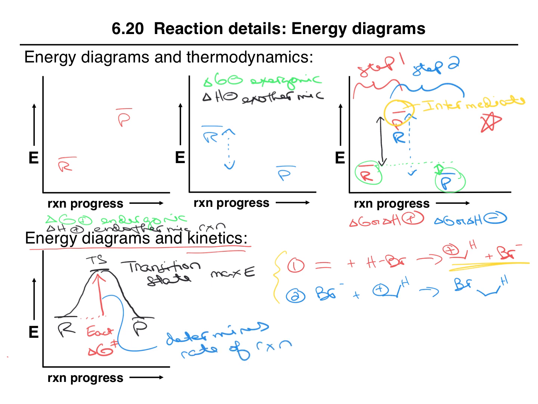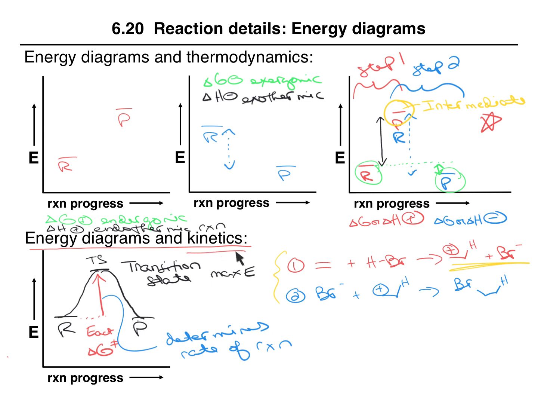So notice, up here, we talked about thermodynamics. Thermodynamics gives us information on the relative energies of the reactants and the products, and that gives us information on the concentrations of the reactants versus the products at equilibrium. The kinetics have no impact on the thermodynamics.